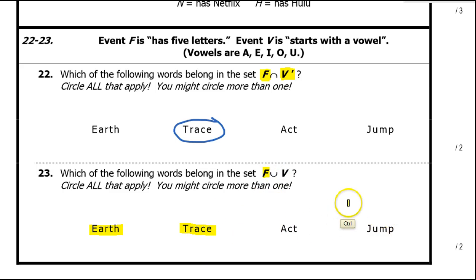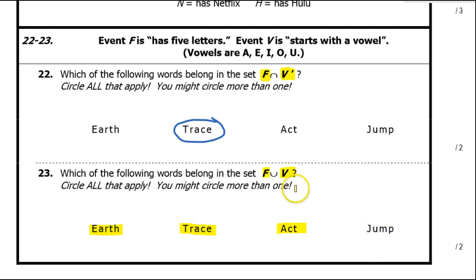How do I know which ones to add? I'm going to add ones that are V. V starts with a vowel. So I'm going to add on any words that start with a vowel. Any words that are V, I'm going to add on. And this starts with a vowel, so I'm going to add that on. Jump does not start with a vowel, so I will not add that one.